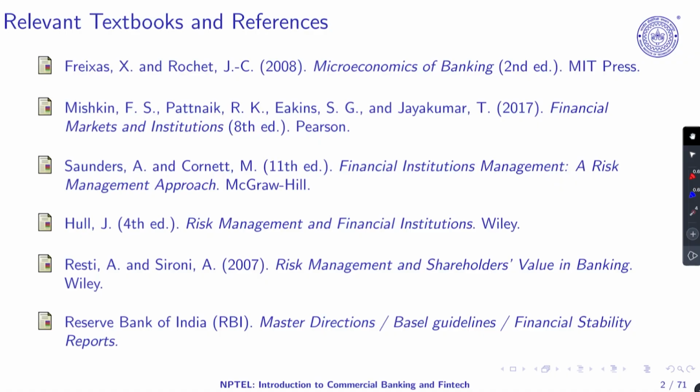So let's start. Apart from these references, Hull book is a good reference, Saunders you can refer, Mishkin is a good choice to understand. But apart from this, we have also referred research papers from journals because some of the topics are not covered in the textbooks.